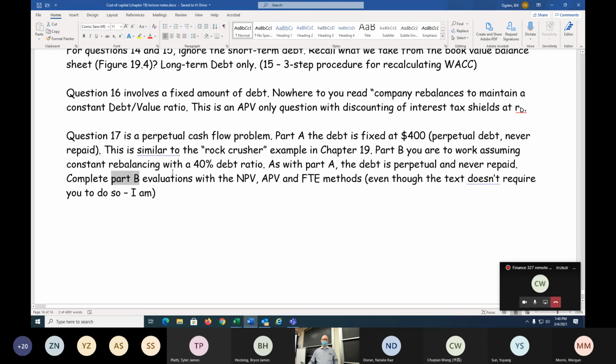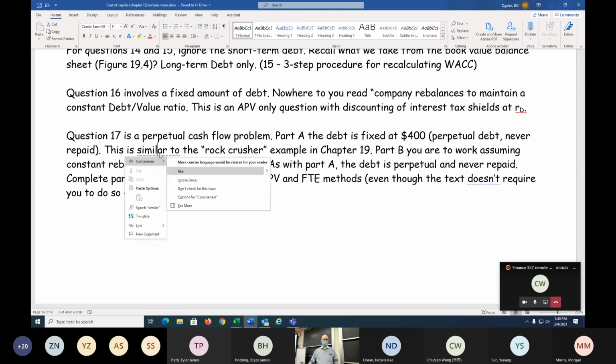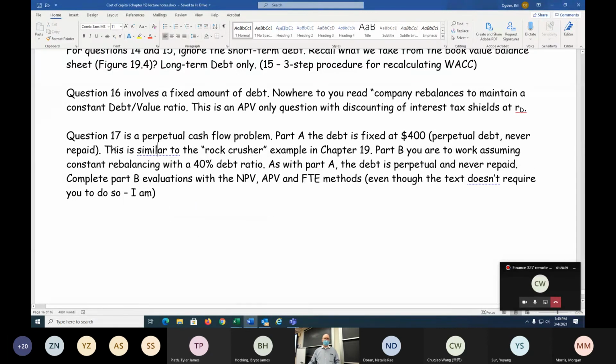All right, 17. This is similar to the rock crusher example in chapter 19. We just did one: perpetual debt, no rebalance.